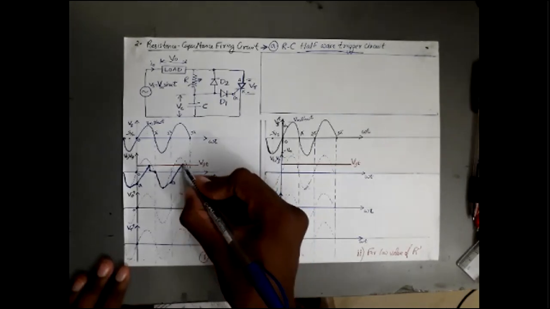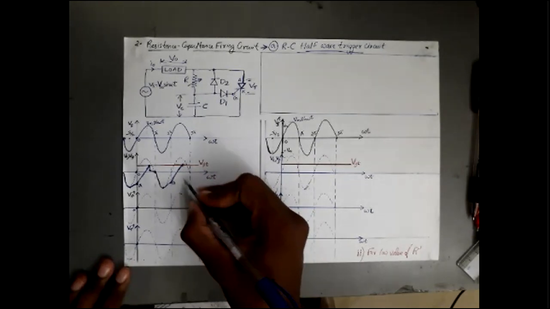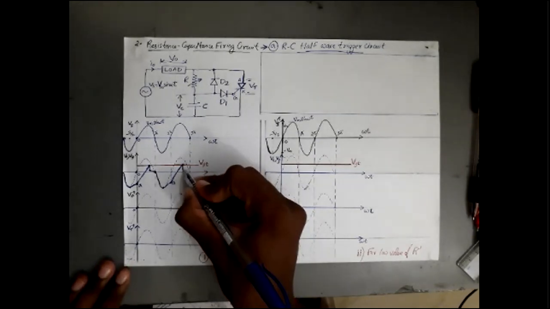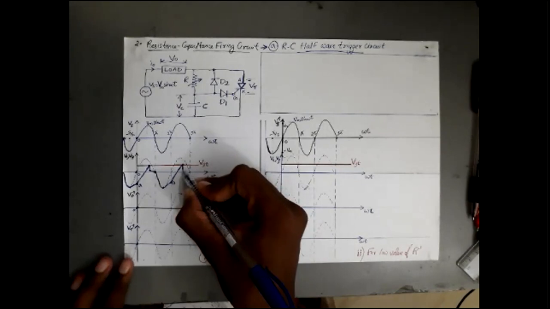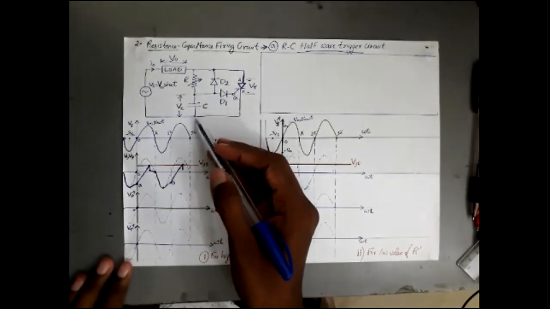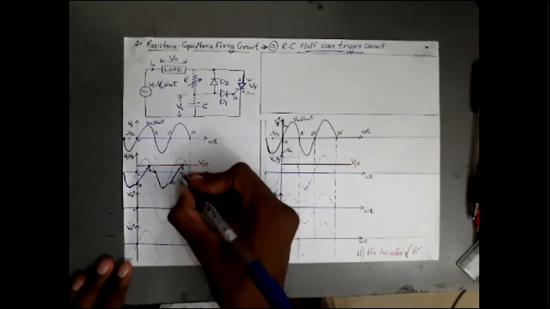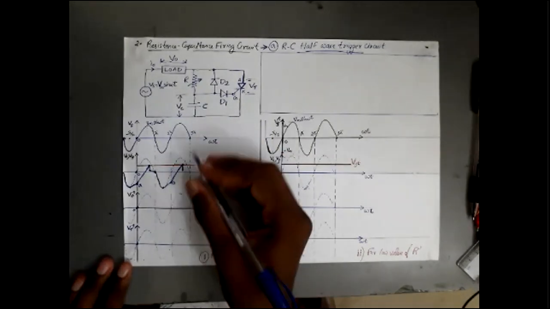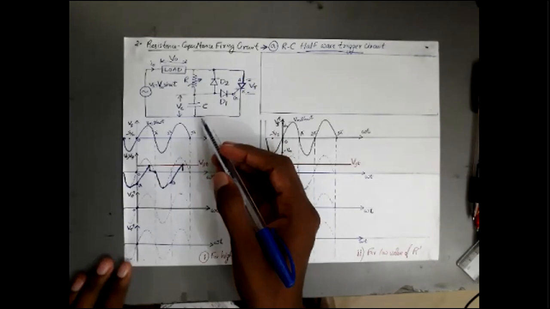Suddenly the voltage appearing across my capacitor has dropped to a very low value near zero. Why has its value dropped to near zero?